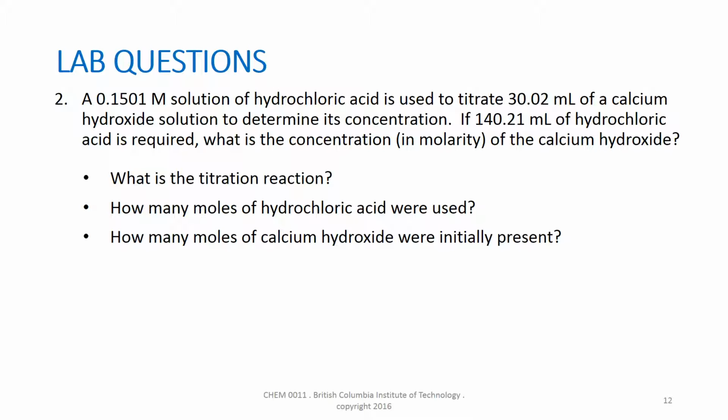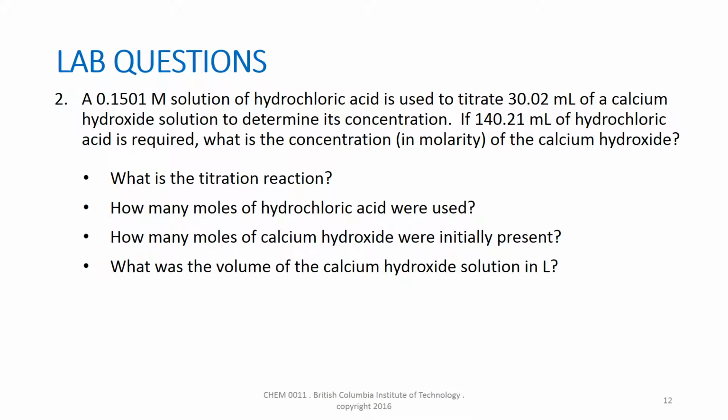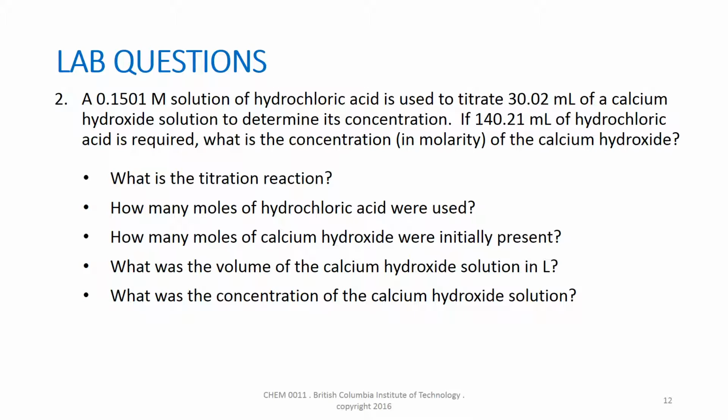By using the mole ratio from the balanced titration reaction, the moles of hydrochloric acid used can be converted into the moles of calcium hydroxide. Convert the volume of the calcium hydroxide solution to liters. Dividing the moles of calcium hydroxide by the volume of the calcium hydroxide solution will give the concentration of the calcium hydroxide solution. Remember to watch your significant figures.